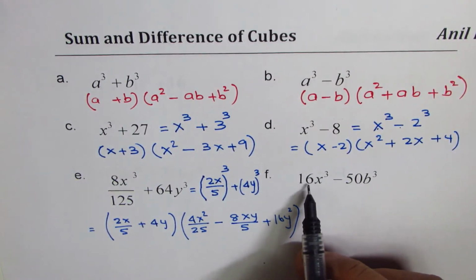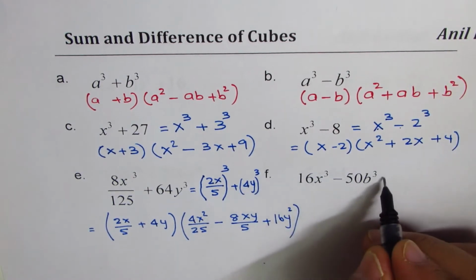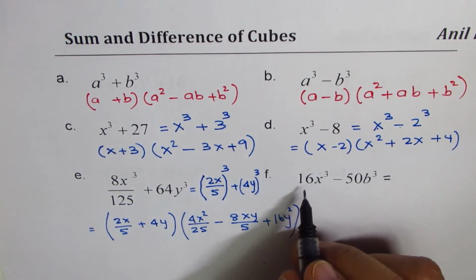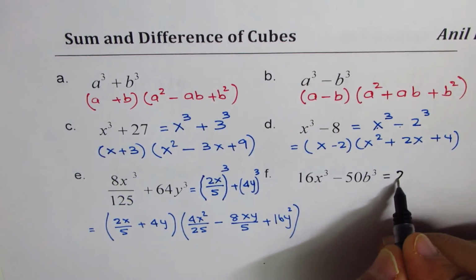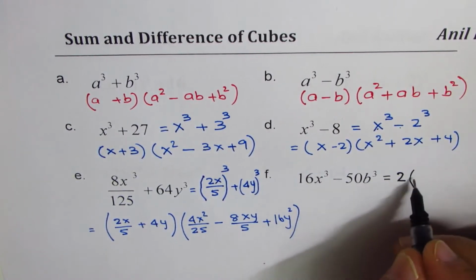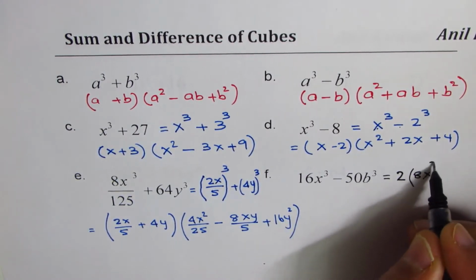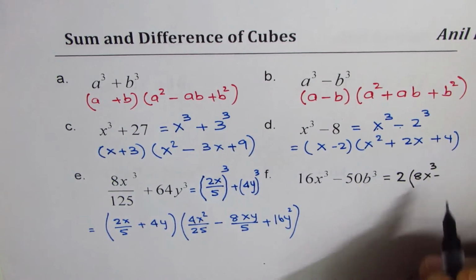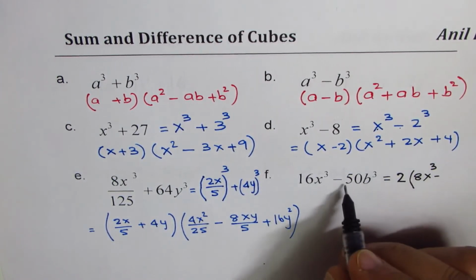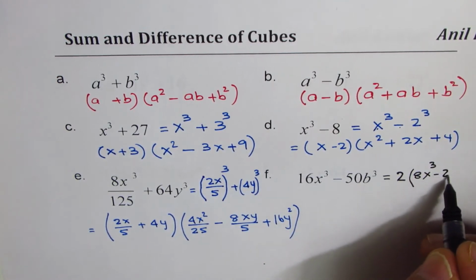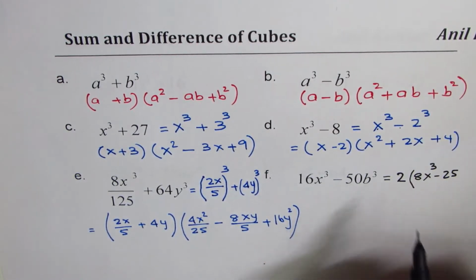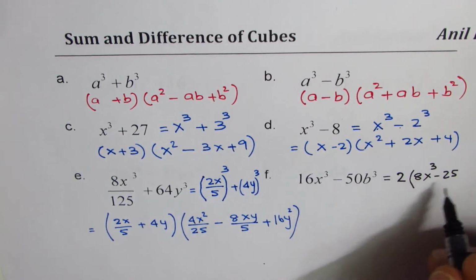The last one here, 16 is not a cube, 50 is also not a cube. However, we could take 2 common. So if I take 2 common, then what do I get? I get 8x cubed minus 25. Oh, so this becomes tricky for me now. 25, so there's a typing error at this place anyway.